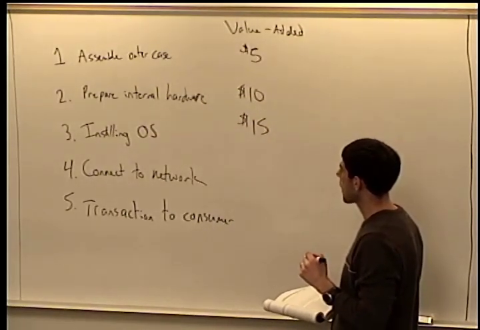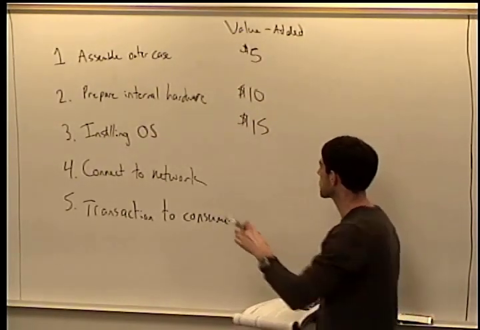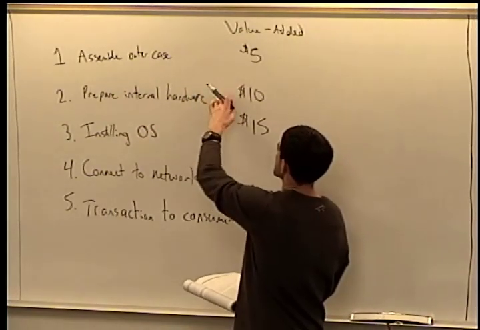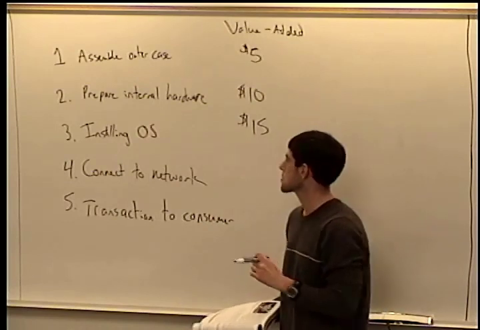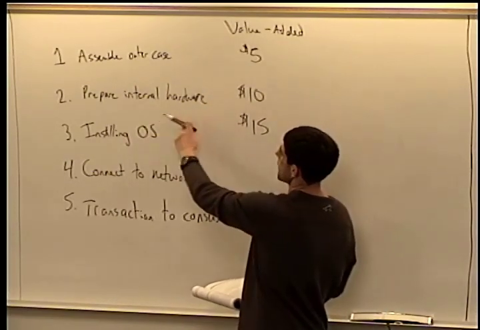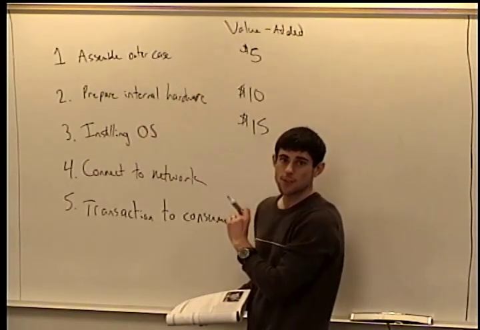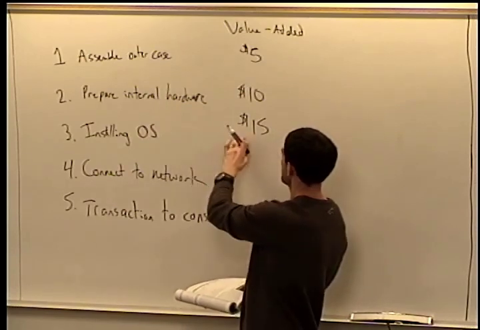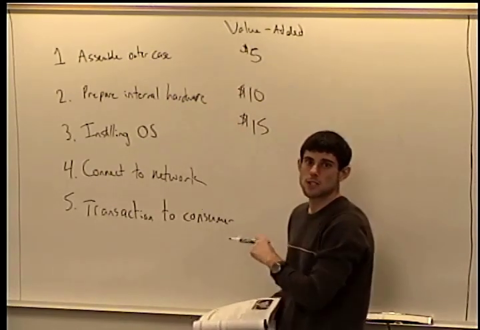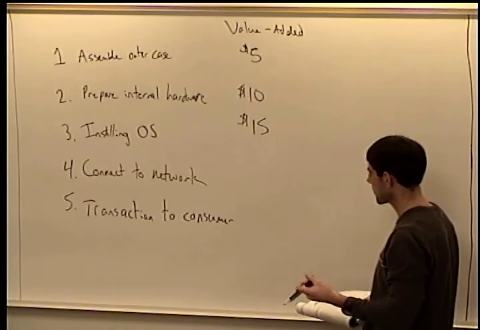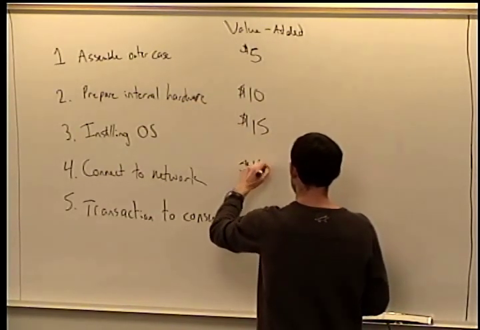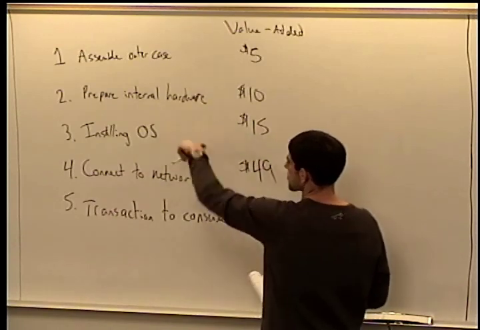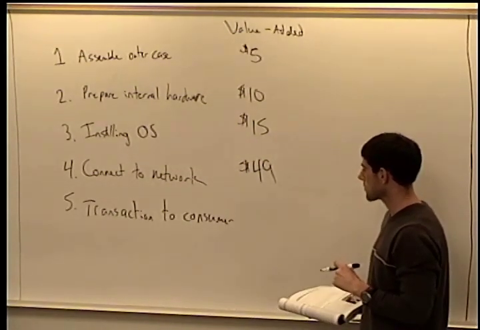So if we add this to the $15 there, we're up to $30 total. We sell the internal hardware and the outer case for $15, and we add $15 for the operating system. We're at $30 total. Then we connect to the network, and it costs $49. So to get Verizon to talk to our cell phone costs $49.